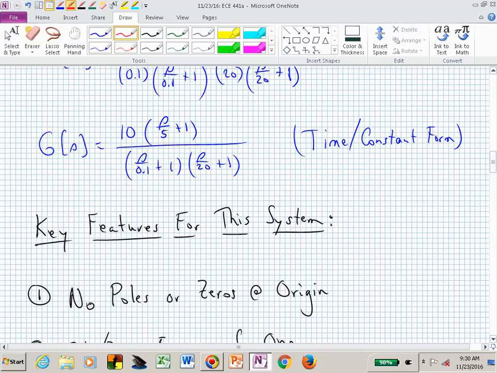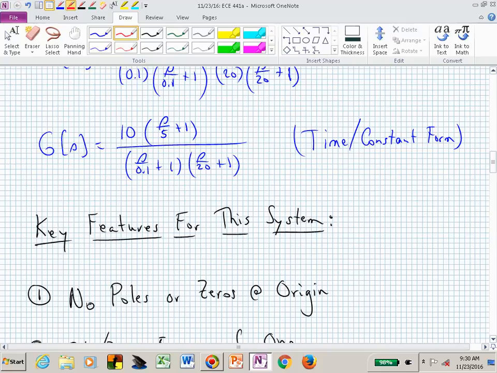But if I cover that up, and now I focus on that one factor of s over 0.1 plus 1, where does its phase begin? At low s, what's the phase of that factor? Now you're looking at j omega over 0.1 plus 1, and you set omega equal to 0. What's the angle of that term? 0, the angle of 1.